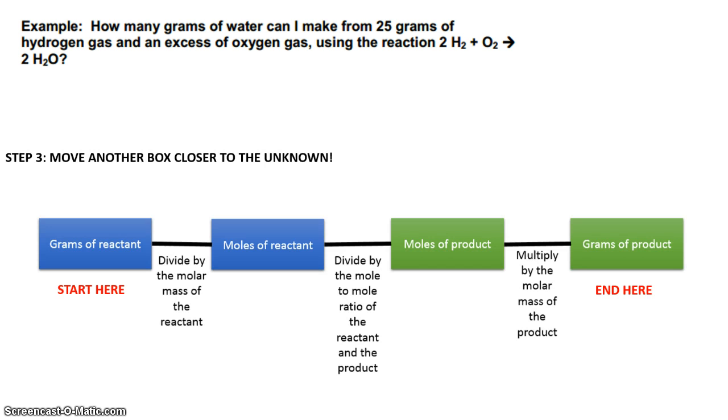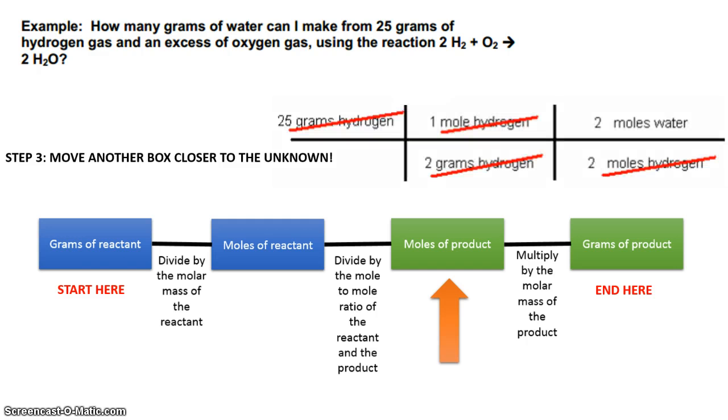Step 3, we're going to move another box closer to the unknown. So we found moles of H2, and now I want to know how many moles of water there are. And in order to find that, I need to use the mole-to-mole ratio between H2 and H2O. So here I've just kept the setup from the last step, and I can add another T. Okay, now I can do a mole-to-mole ratio.